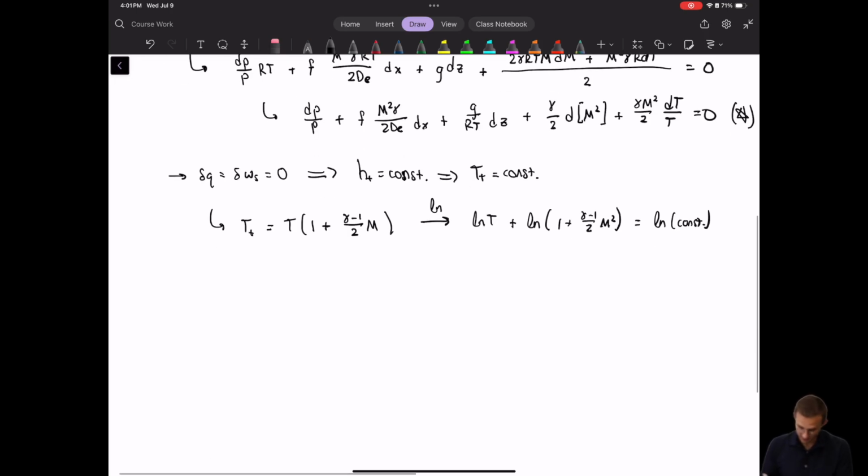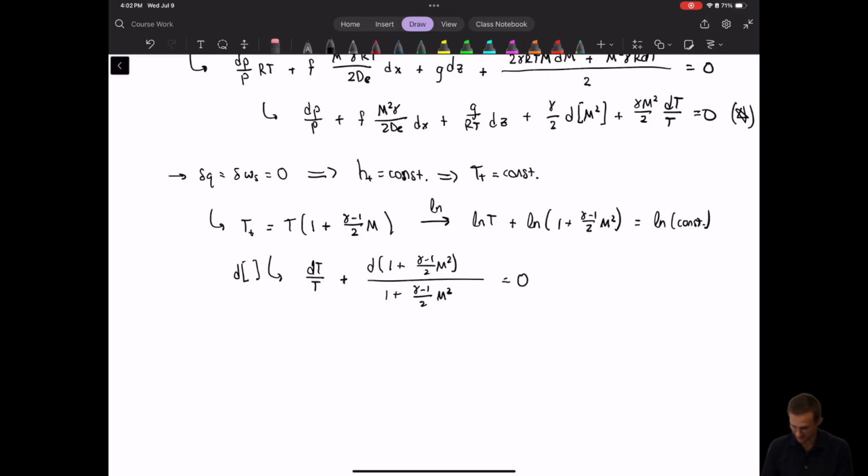Then if we take the total differential of that, we end up with dT over T plus d applied to the quantity 1 plus gamma minus 1 over 2 M squared, over that same quantity, equal to 0.